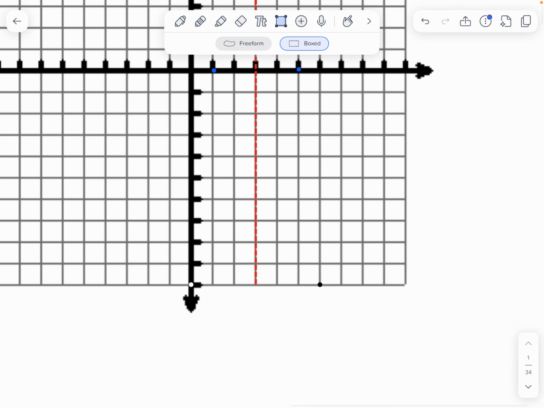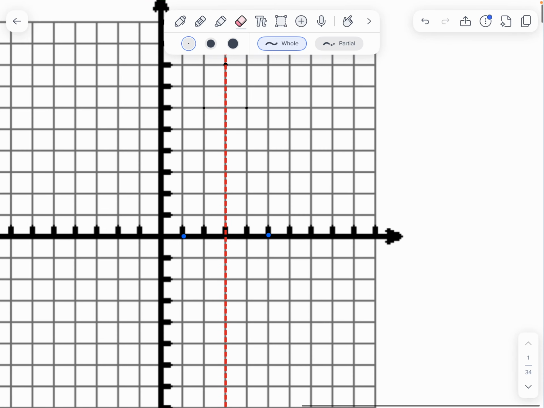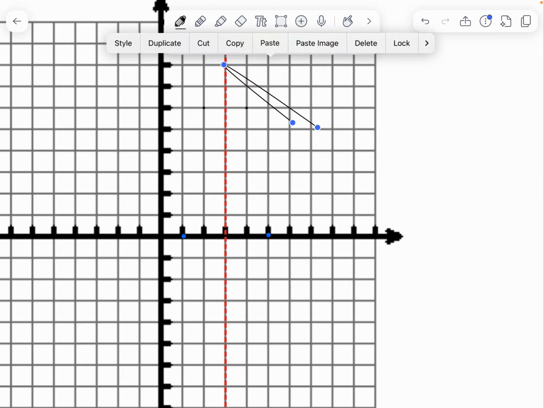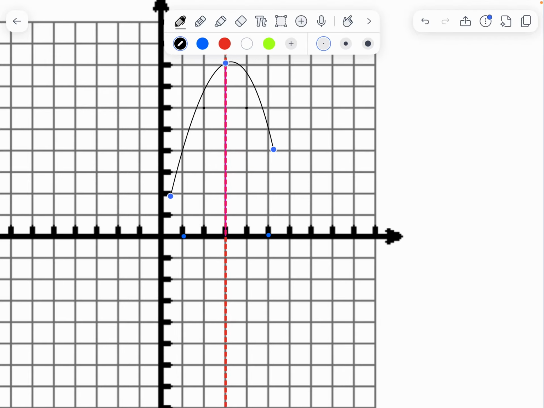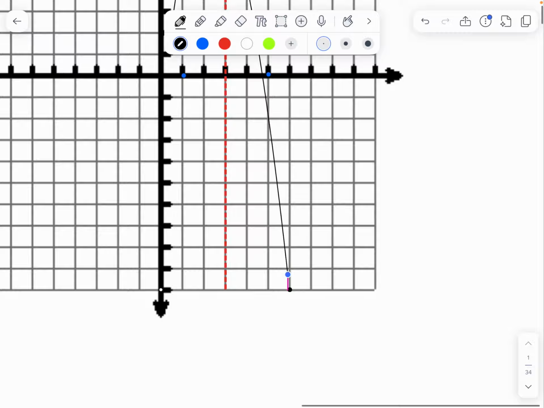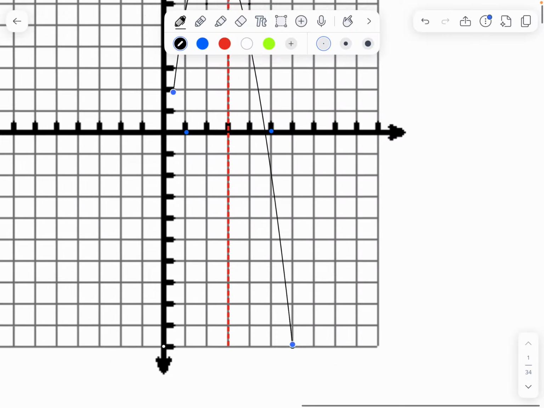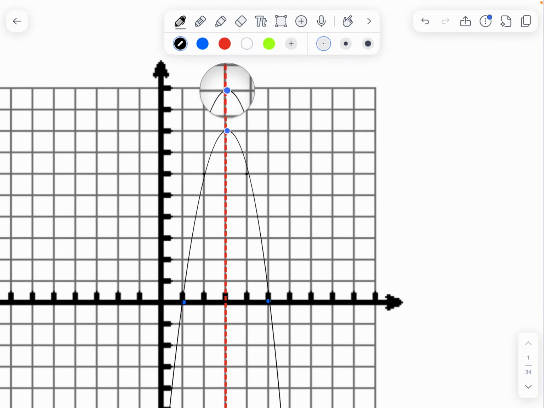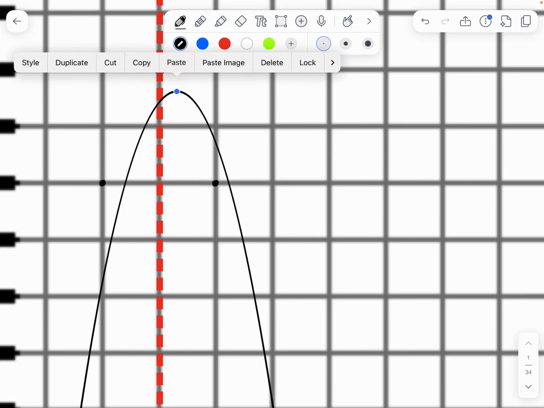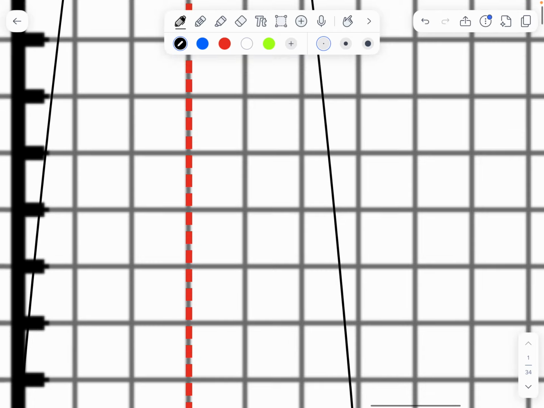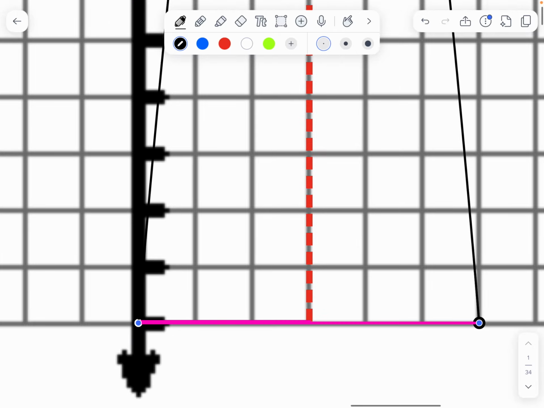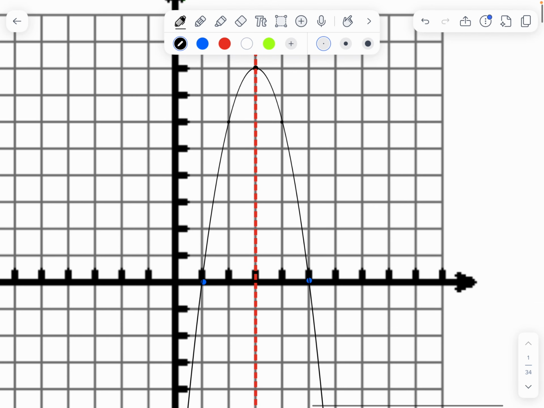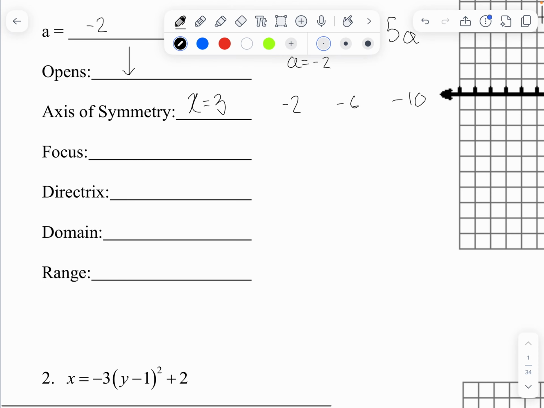And now we can graph. And now we have to find the focus and the directrix.